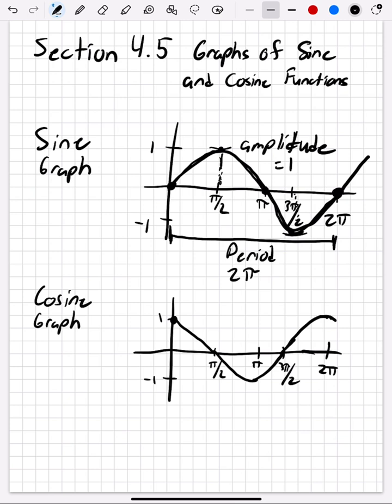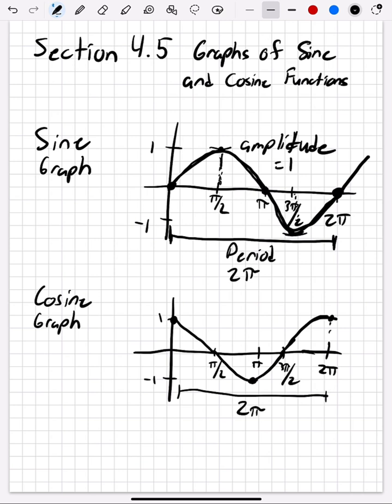The period of it is still 2 pi. So we go from here to here. The period is still 2 pi because the time it took to go down, have a valley, and back up to a peak was 2 pi.